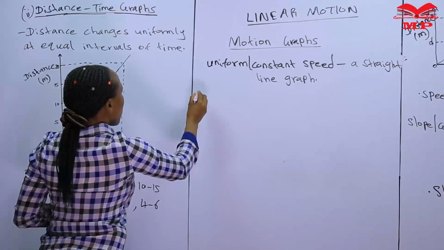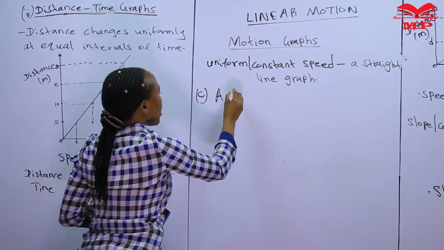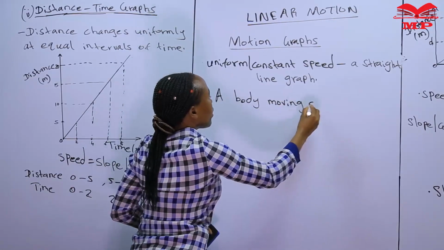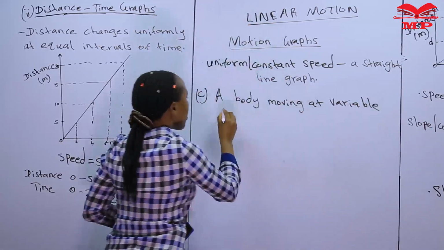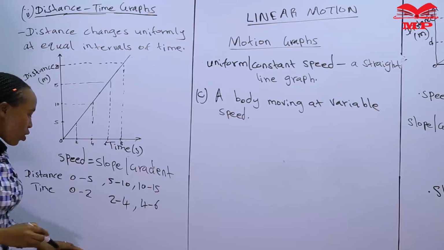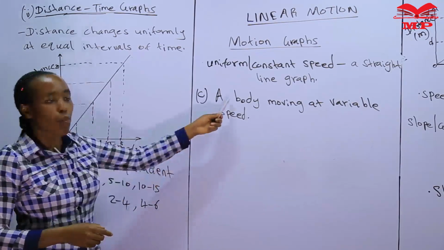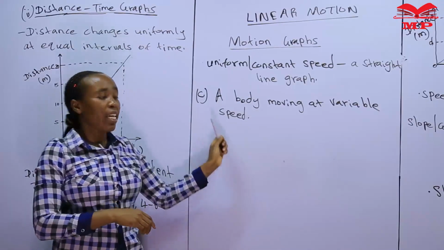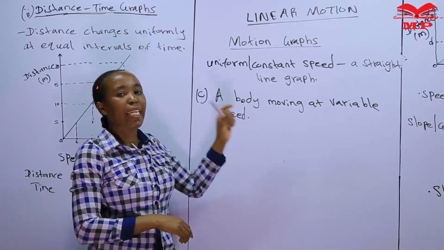And lastly, we have a body moving at variable speed. In this case, the speed is not constant, it is not uniform, but it is varying with time. The speed may be increasing or it may be decreasing.